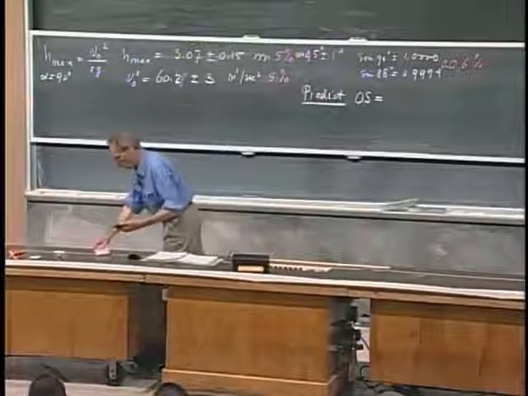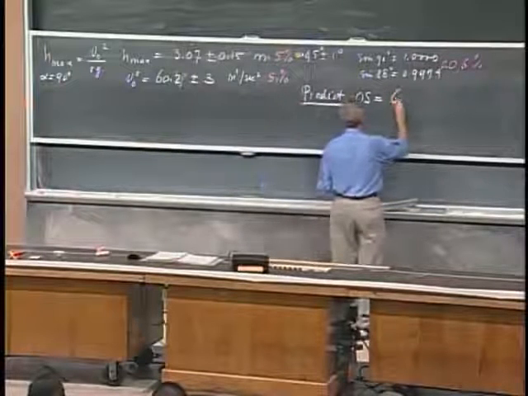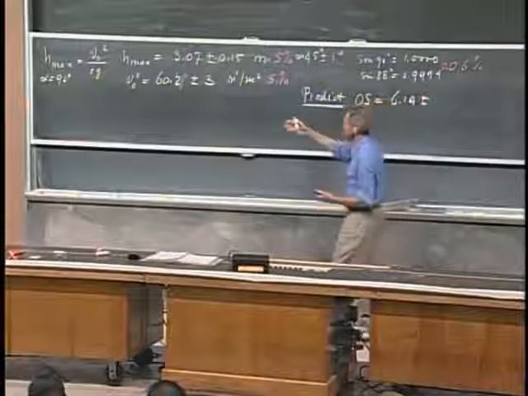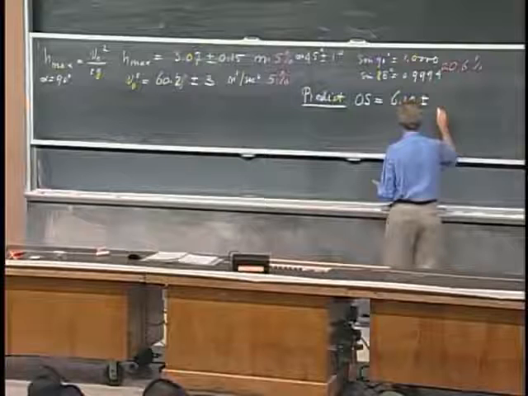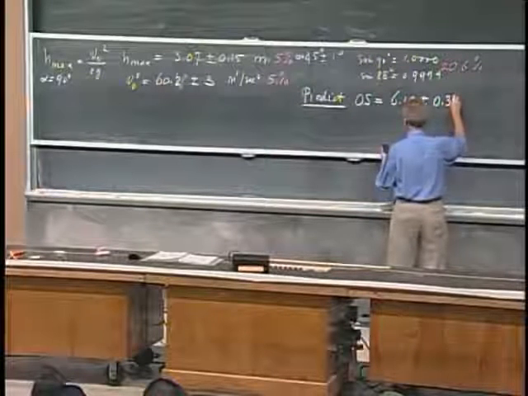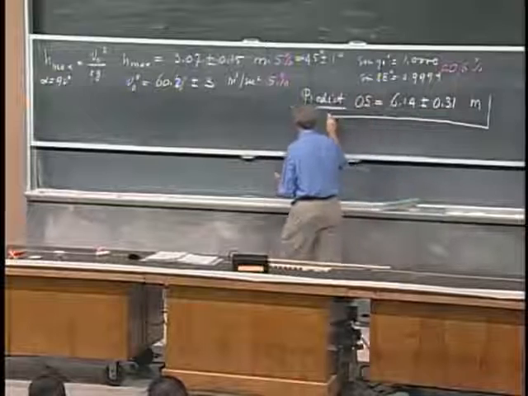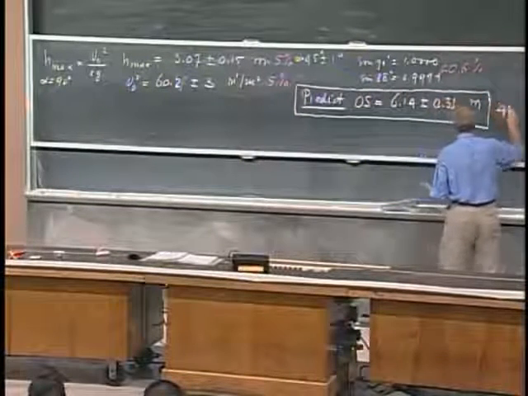That is 6.14 meters, with an uncertainty of 5%, right? Because that's the uncertainty in v0 squared. And so that is an uncertainty of 30 centimeters, actually 31 centimeters. This is my prediction for an angle of 45 degrees.